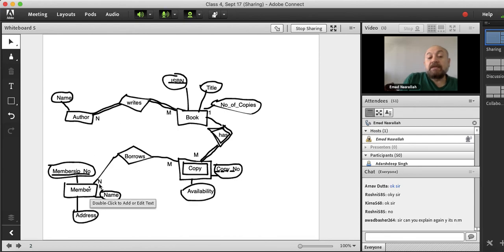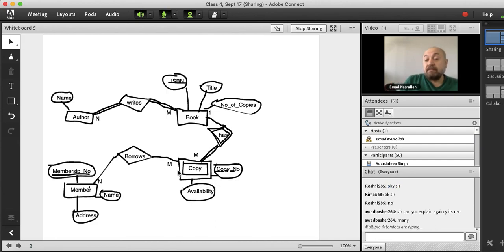Now the member, how many times can they borrow, and how many copies every time? Many. So one member can borrow many copies. Now will the same copy of the book be borrowed by one person only?